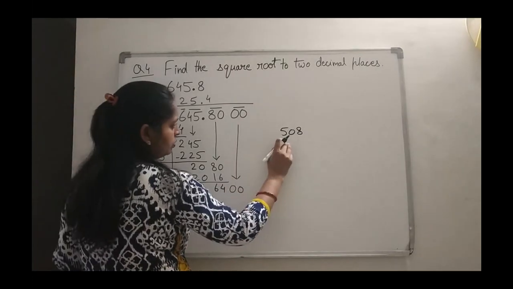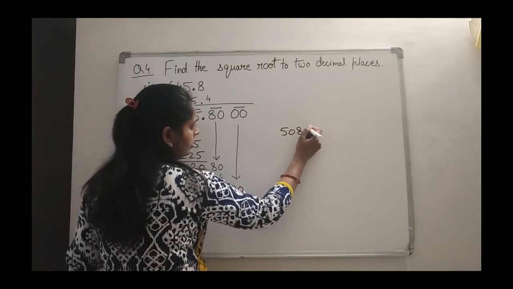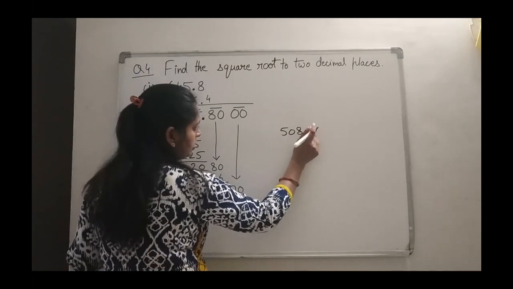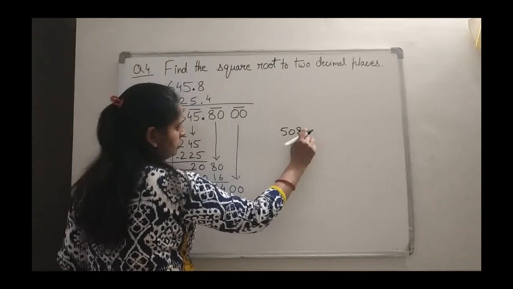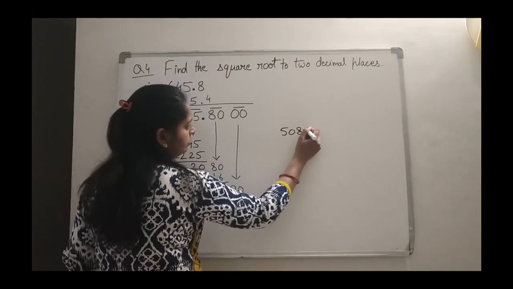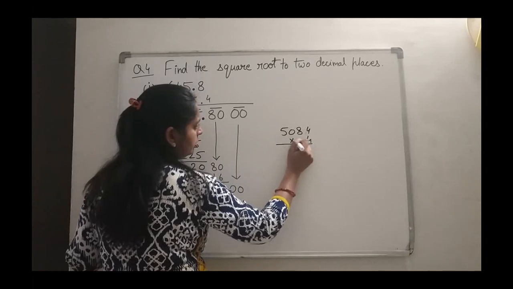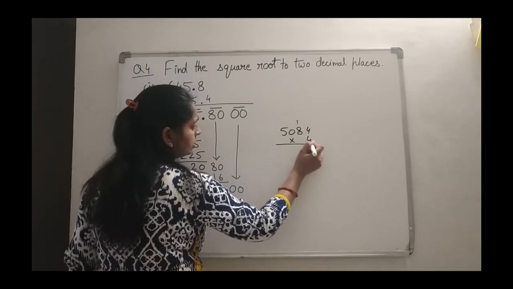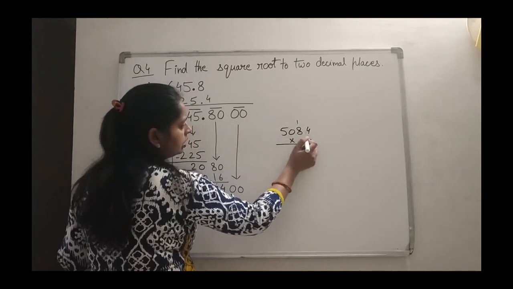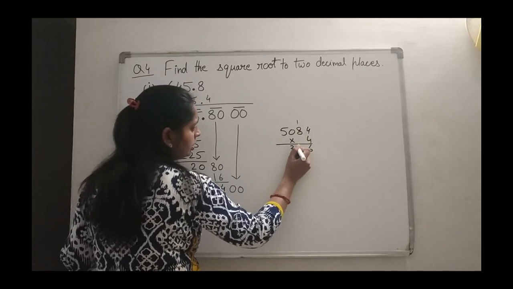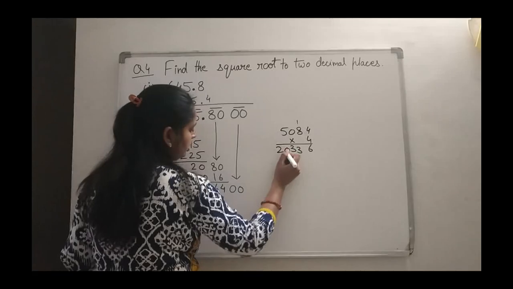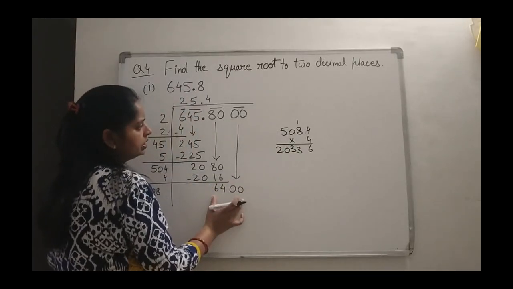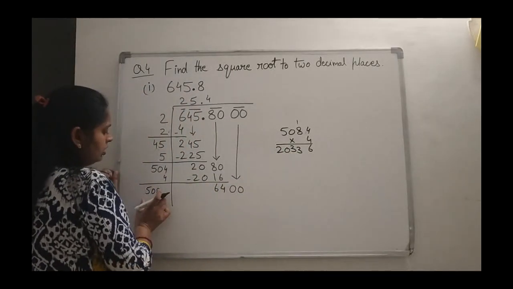508. One more digit we have to enter. So what will we do? 5 4 is 20. Let's check the number. 4 4 is 16. 8 4 is 32, 33, and 5 4 is 20. Oh, here is only 4 digits, and I am having 508.